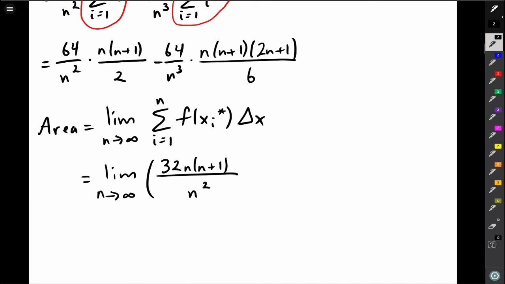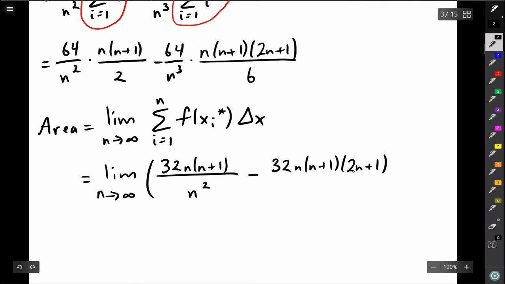And then minus, let's see, 64 doesn't divide by 6. But here, we have 32 n plus 1, 2n plus 1, all this over 3n cubed.